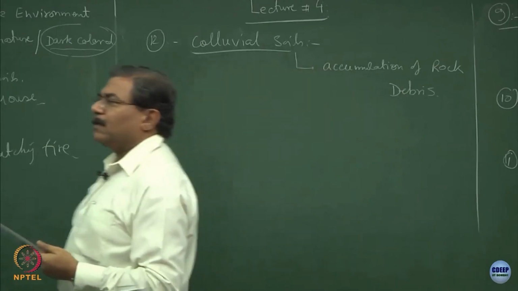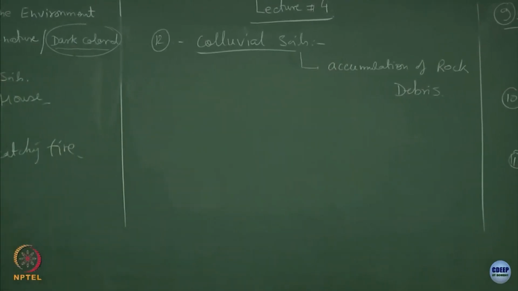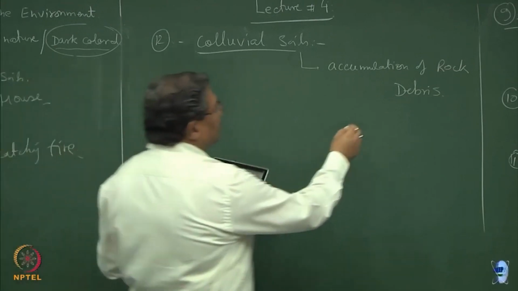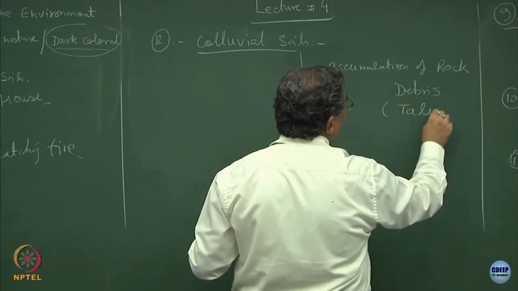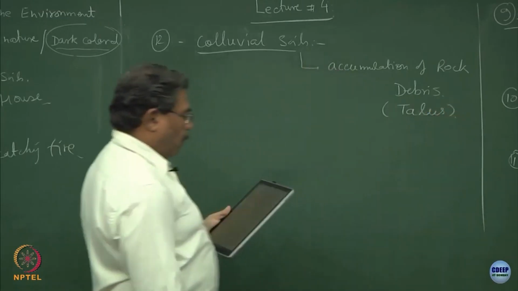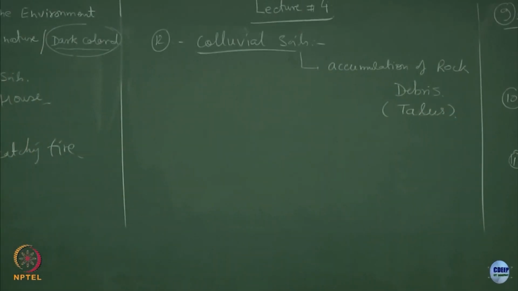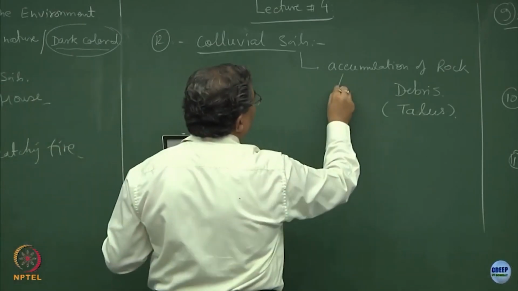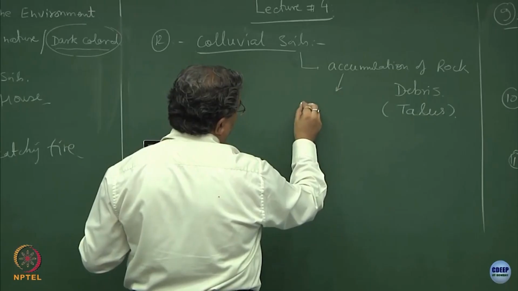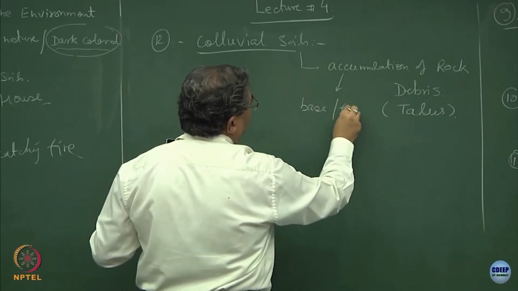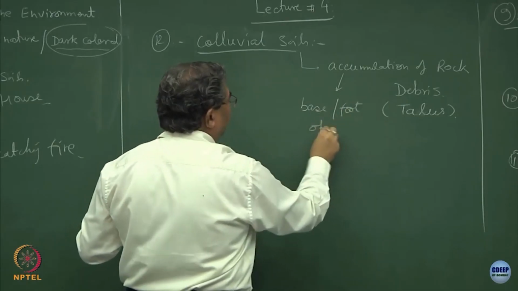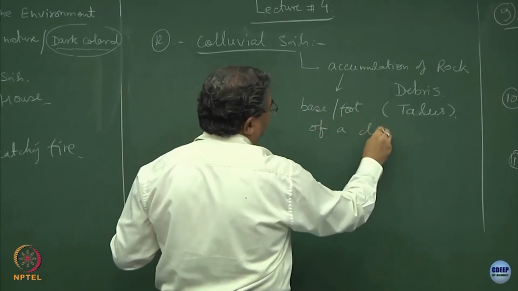What are debris? Discards, alright, construction debris for that matter. We also call them talus. This is the name of the soil, talus, and mostly they get deposited at the base or the foot of a cliff.